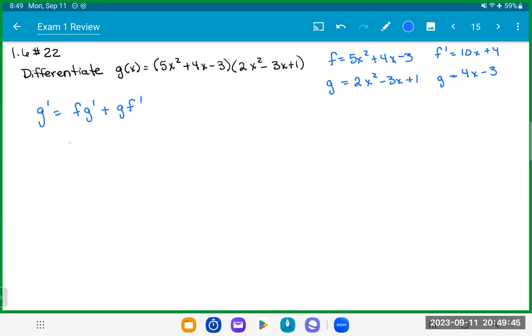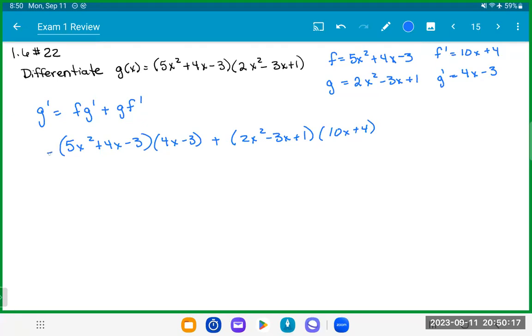So we have 5x squared plus 4x minus 3 times my g prime, which is 4x minus 3, plus g, which is 2x squared minus 3x plus 1, times f prime, which is 10x plus 4. Okay? Now let's multiply all of that out.